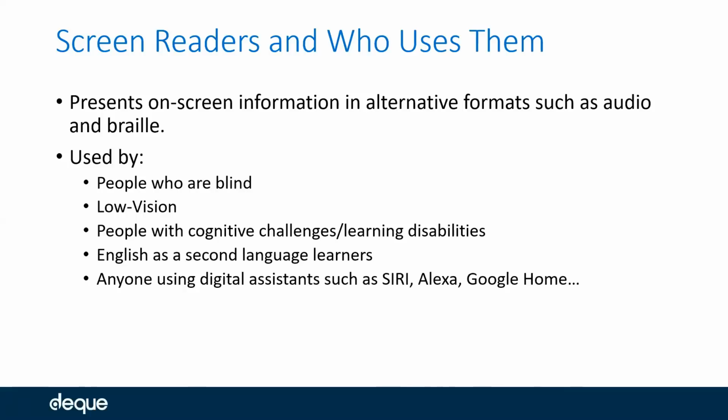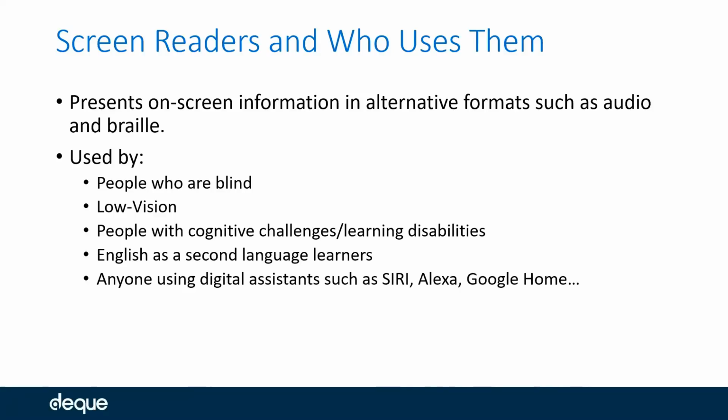People who are blind obviously use a screen reader. People who are low vision might use a screen reader as well. They may have enough vision to see what's going on, but difficulty reading larger blocks of text and such. And so they may use that to augment what they're reading. People with cognitive challenges and learning disabilities may use this as well, especially folks who find reading to be a bit challenging.